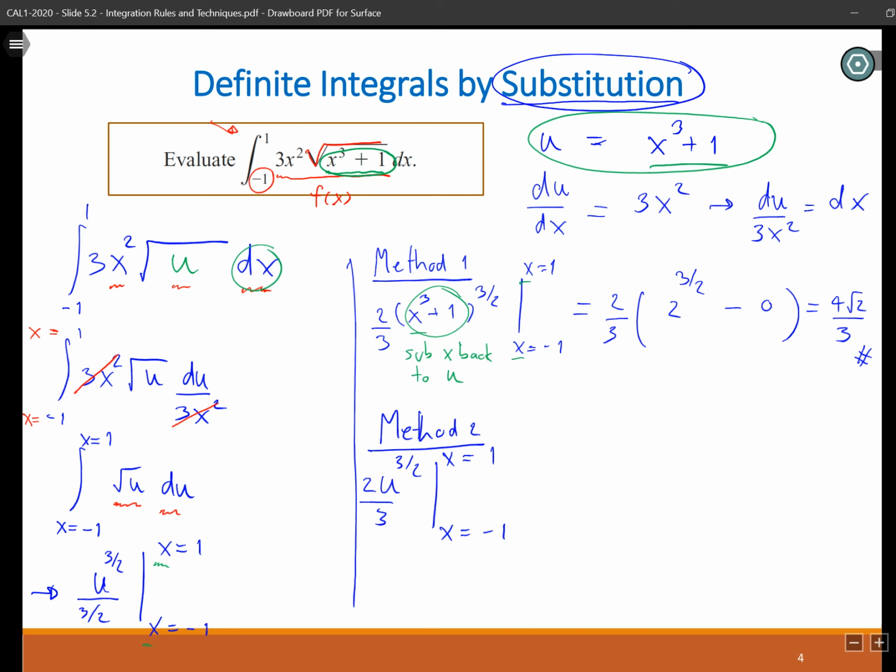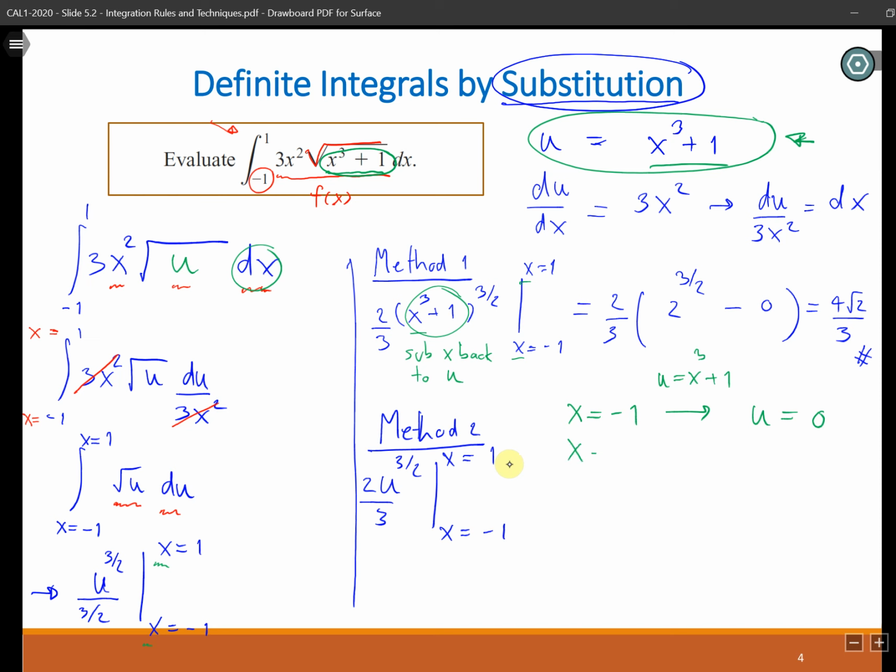Alright, so here, x equal to minus 1, we find out what happens to the u value here. So u is going to be equal to x cubed plus 1. If x equals minus 1, u is going to become 0.